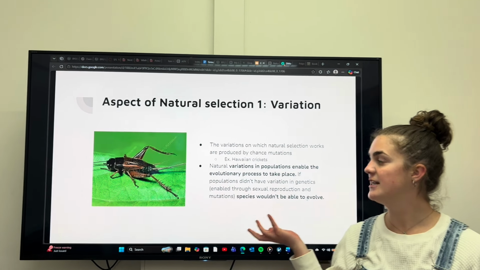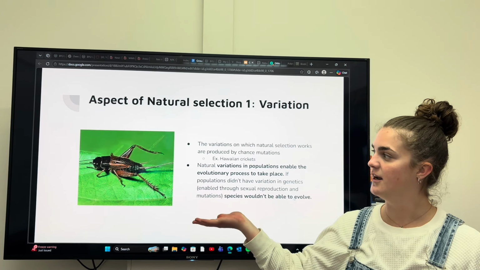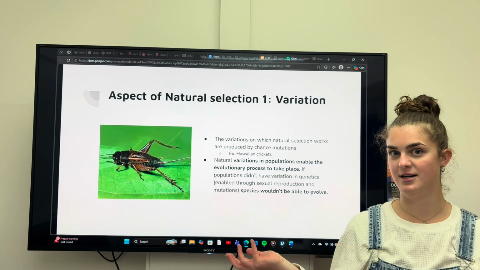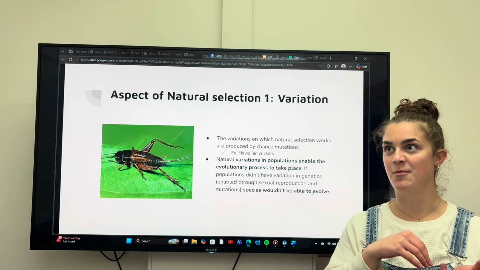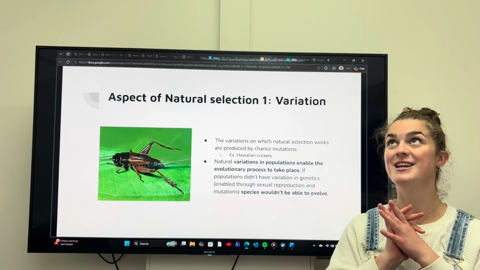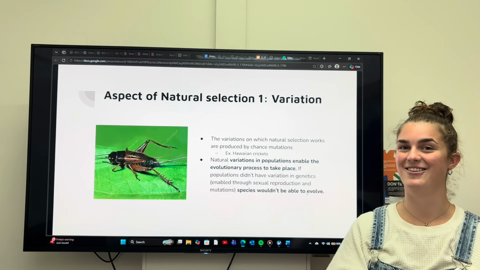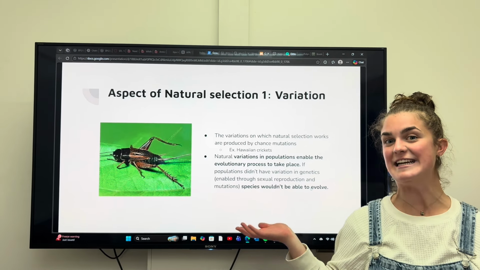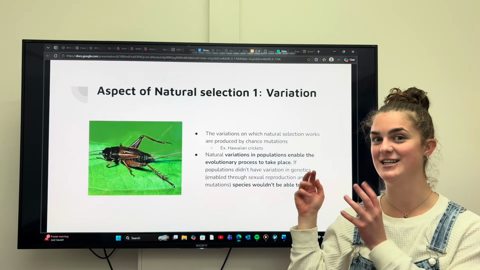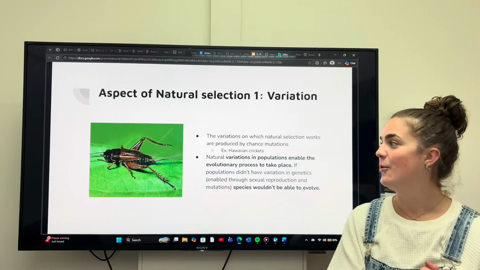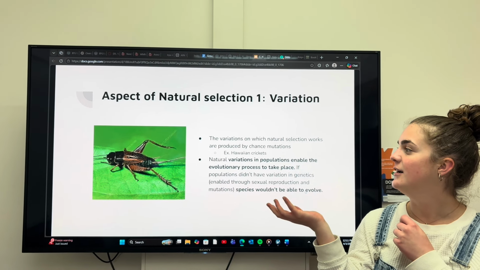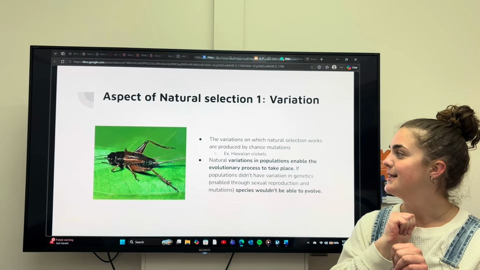So a chance mutation in one of these crickets meant that one male cricket, when he attracted mates, did not rub his legs together, so he did not create a sound, and he attracted a female, but he didn't get eaten. And so because he didn't get eaten, he passed those genetic traits down to his offspring, which allowed the inheritable trait of rubbing your legs together and not making a sound to get passed down.